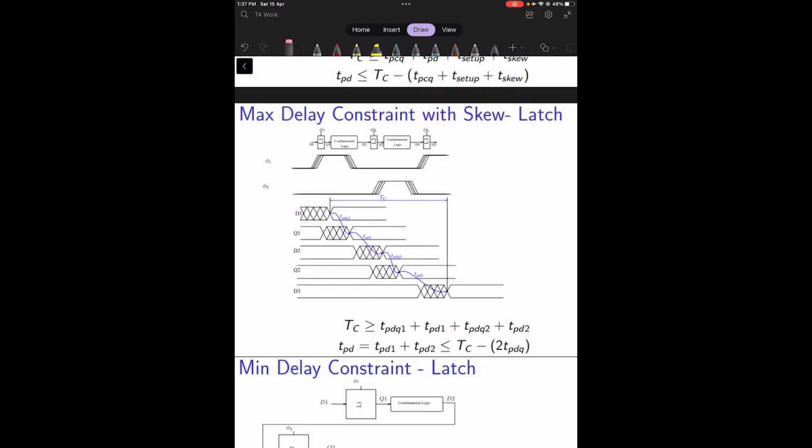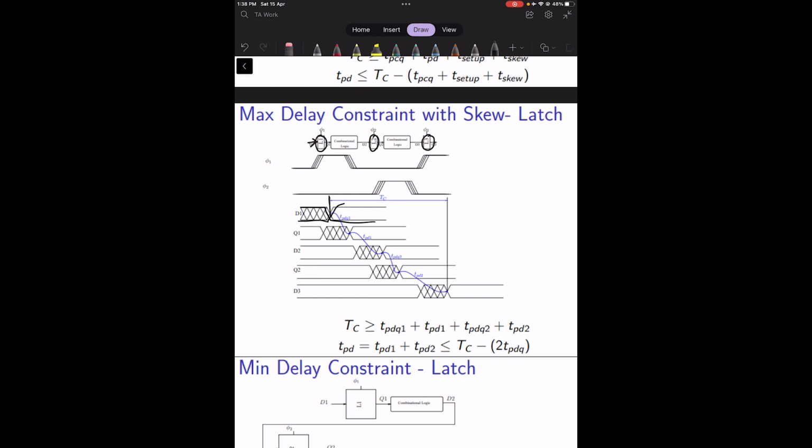Moving on, for a latch based system, right? So let's say you have latch L1, L2, L3 here, but you look at the timing from D1, where D1 is this and it changes its value here.